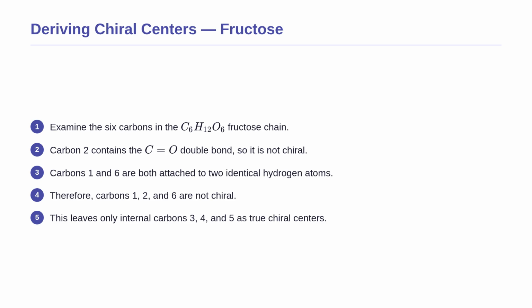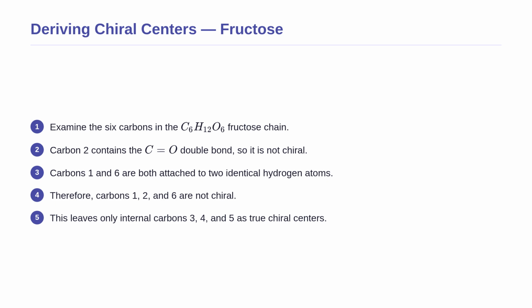So, we have proven that glucose has 4 chiral centers. This brings us to proving why fructose only has 3. We're establishing the mathematical reasoning behind the drop in stereoisomers. In the fructose chain, the carbonyl group is at carbon 2. Because carbon 2 is double bonded to oxygen, it cannot be chiral.